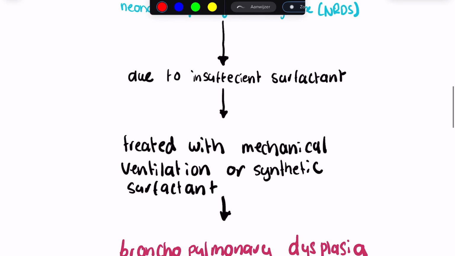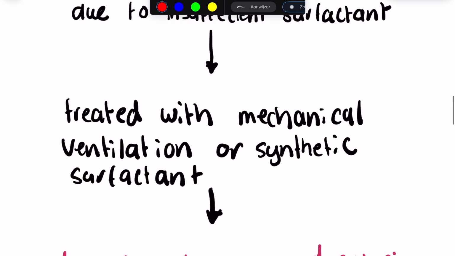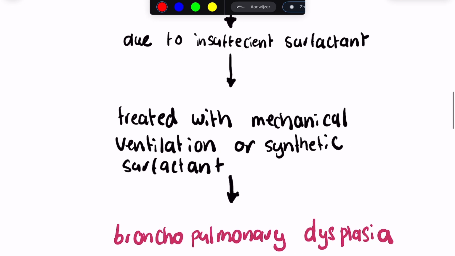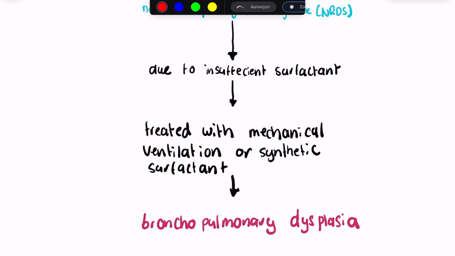Therefore, doctors need to treat this because it's very dangerous. It's treated in one of two ways. We need synthetic surfactant that is sprayed into the lungs of the child, so that there is surfactant present that can take over the function of the surfactant that is not produced by the child itself.